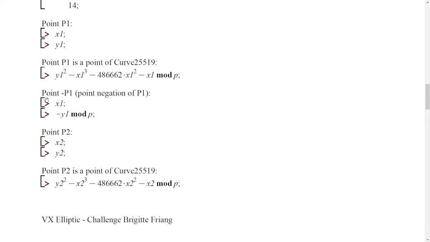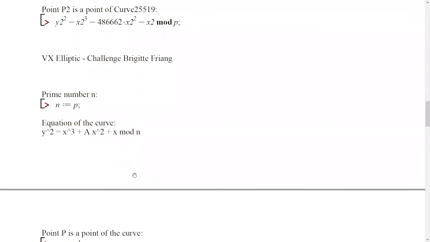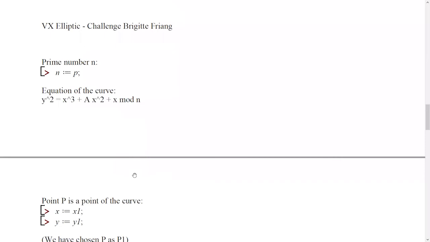We will use this point negation of P1 for KP in the challenge, K1P. And point P2 with coordinates x2 and y2. Again, we are able to check that this point belongs to the curve. So now we have all the points to write our challenge.